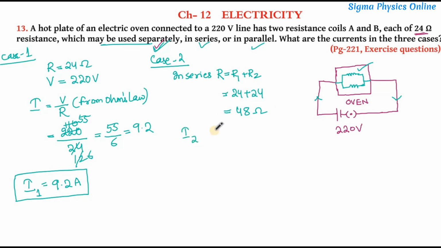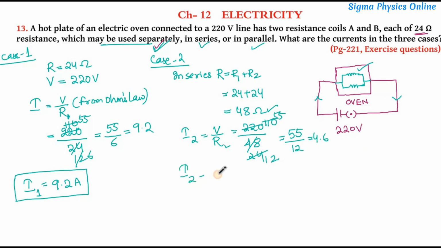So I2 will be V by R2, that is V is 220 by the resistance we got here, which is 48, which is 55 by 12, that is 4.6. So I2 is 4.6 ampere. So when the resistance coils A and B are connected in series, the current that flows through the circuit is 4.6 ampere.